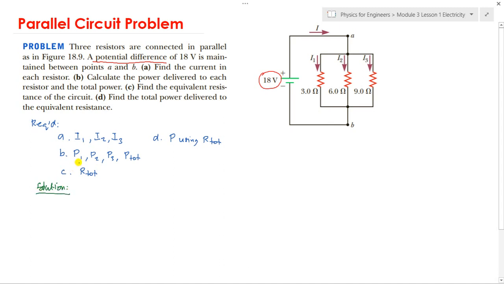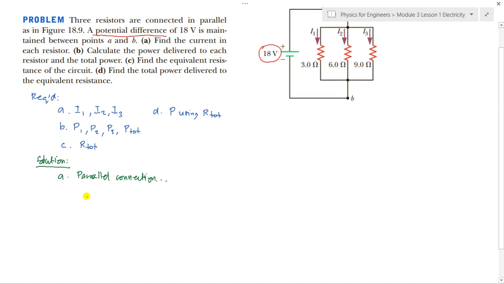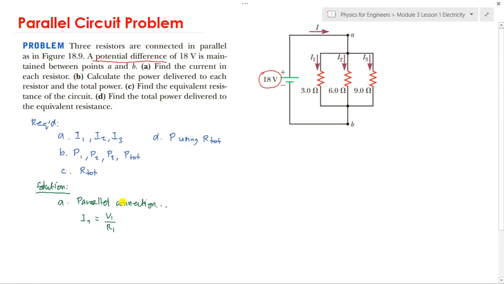First we solve for I1, I2, and I3. For letter A, for a parallel connection, I1 is equal to V1 over R1.